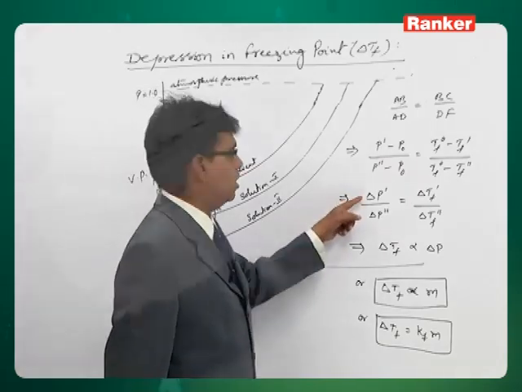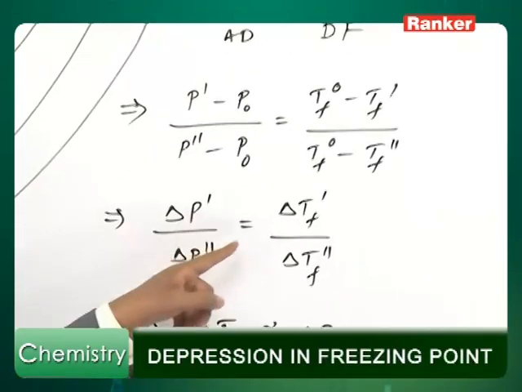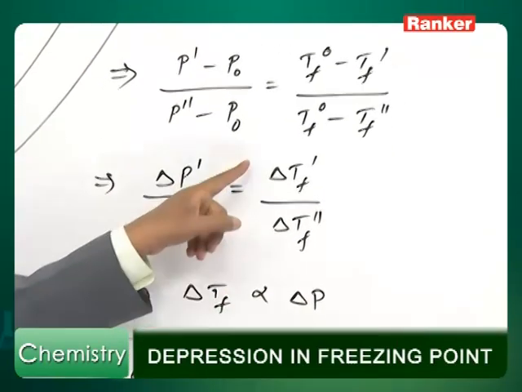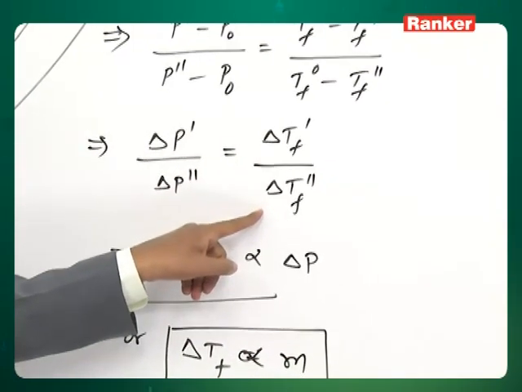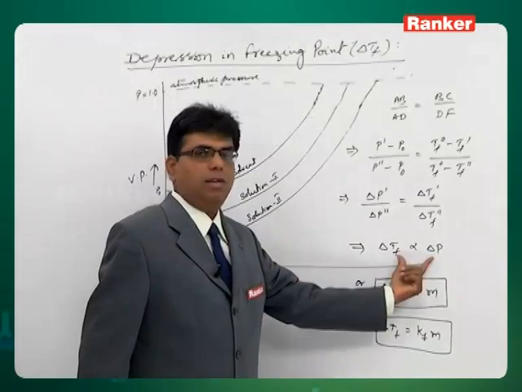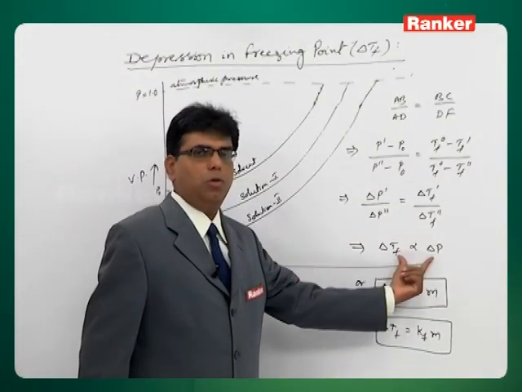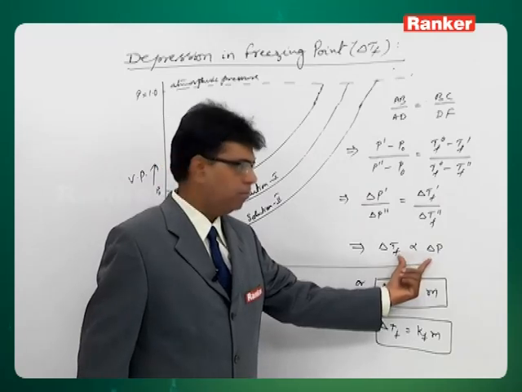That is, change in vapor pressure for solution 1 by change in vapor pressure for solution 2 is equal to change in freezing point for solution 1 by change in freezing point for solution 2. So this in turn is again that decrease in freezing point is proportional to change in vapor pressure from solvent to solution.